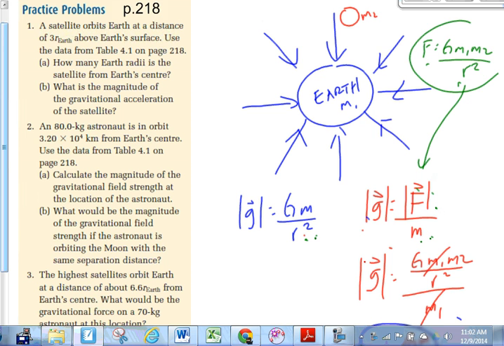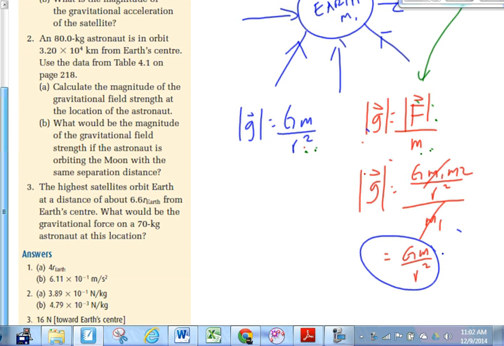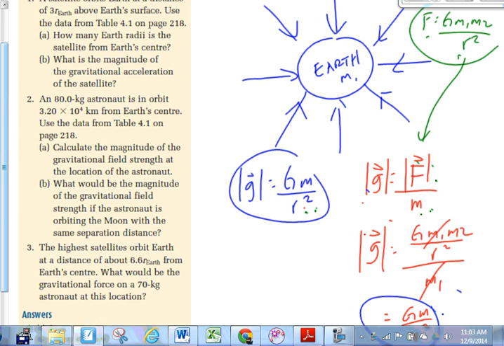If you want to use the blue equation, you're probably going to go straight to the blue equation, right? I'm sorry? Well, if you're asking for the force of gravity, generally you're going to use the green one. But you could, given the field strength, use the red one as well, because that gives you force as well, right?